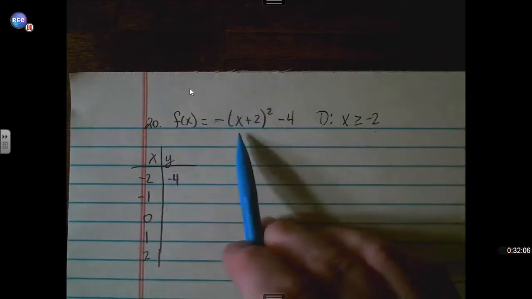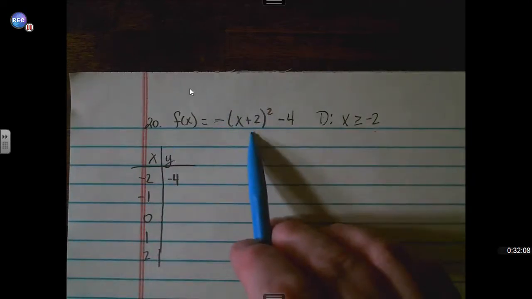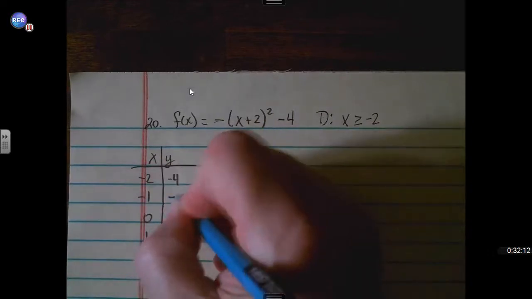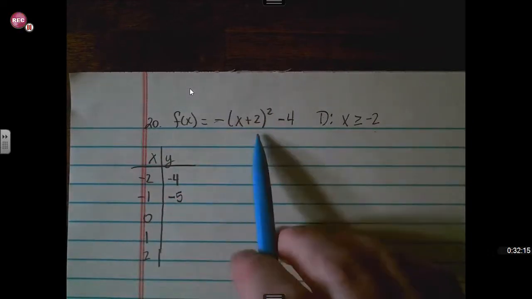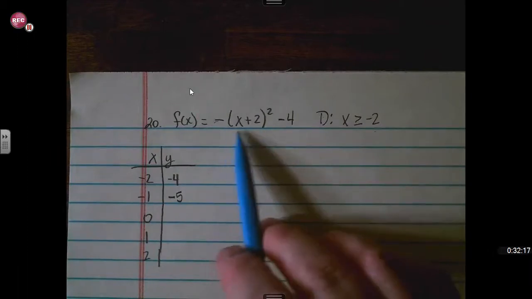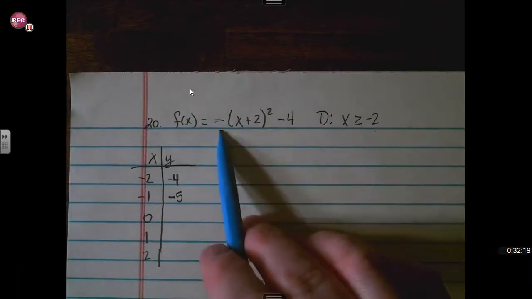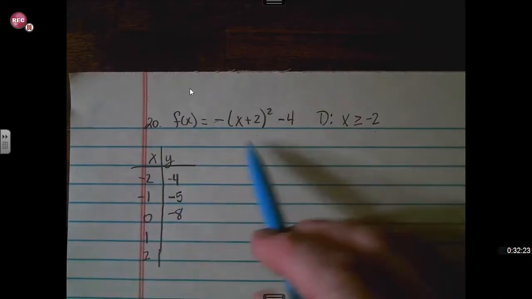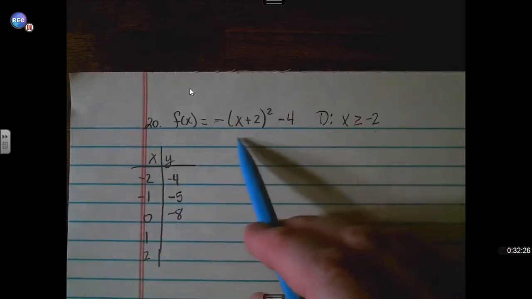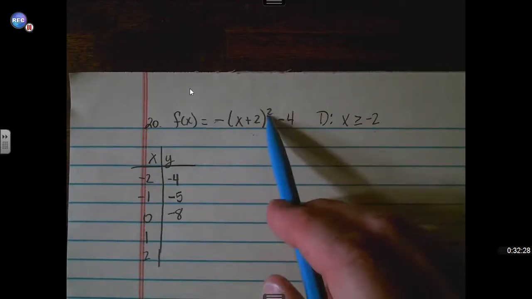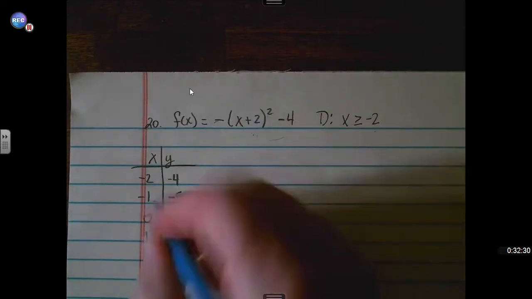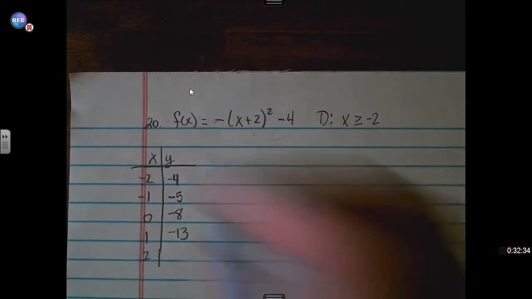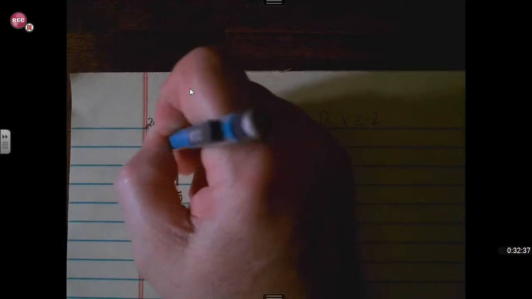When I plug in negative 1, I'm going to get 1 squared is 1. Negative 1 minus 4 is negative 5. When I plug in 0, I'm going to get 4 in here, but that's going to make it negative, so it's going to be negative 8. When I plug in positive 1, I'm going to get 3 squared is 9. Negative 9 minus 4 is negative 13. So numbers are getting kind of large there. Okay, so this is my function f of x. All right.